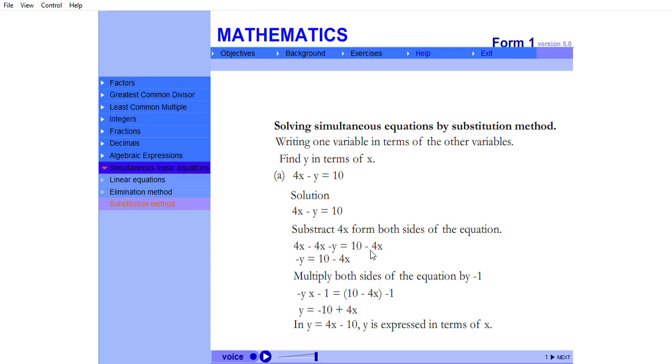Negative y times negative 1 is equal to, in brackets, 10 minus 4x times negative 1. Y is equal to negative 10 plus 4x. In y is equal to 4x minus 10, y is expressed in terms of x.